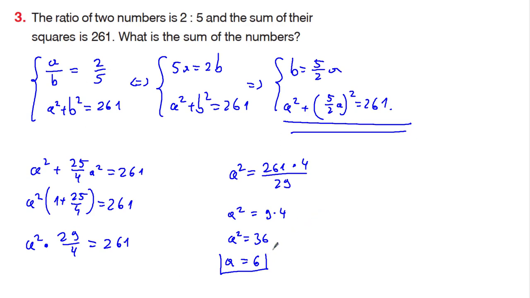So a is 6. Now, if a is 6, substitute here, that means b would be 5 over 2 times 6. That results in 15. So a is 6, b is 15. If you want to find the negative numbers, it would be negative here and negative here. So there will be two pairs.